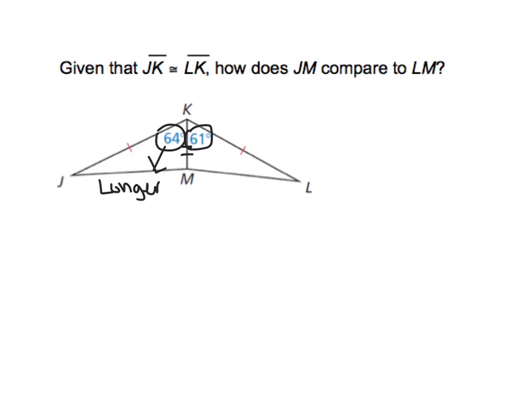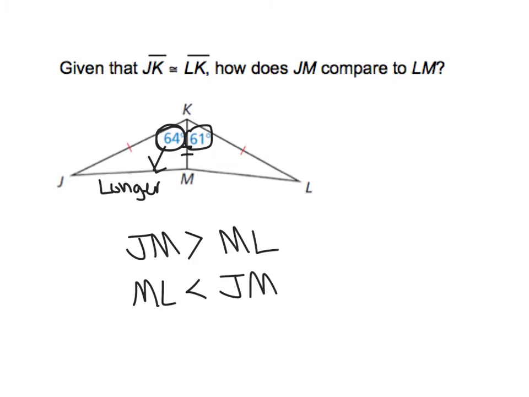So if we wanted to compare JM and ML, JM is opposite the bigger angle, therefore it is going to be greater than ML. We could also say that ML is less than JM. Either of those would both be correct.